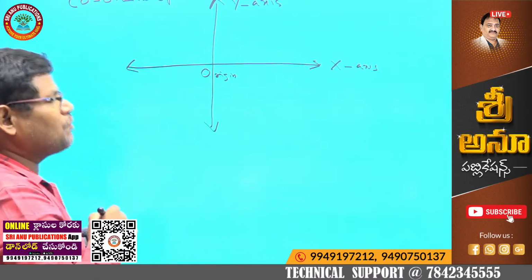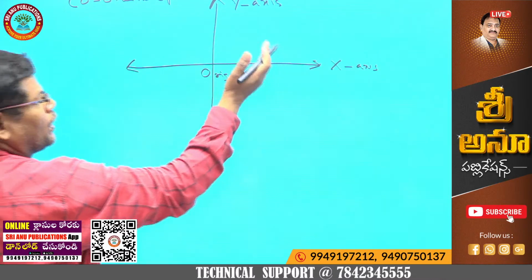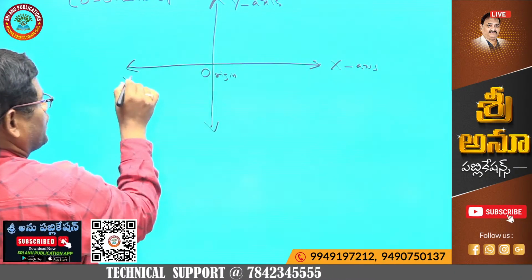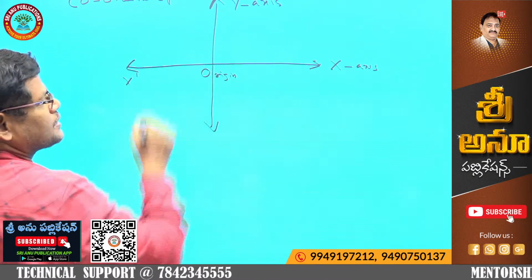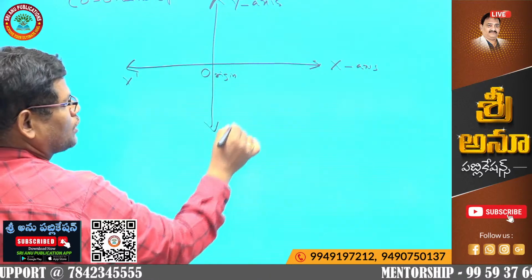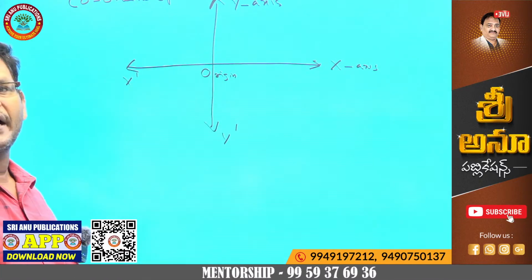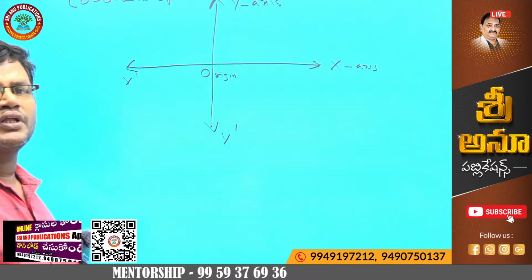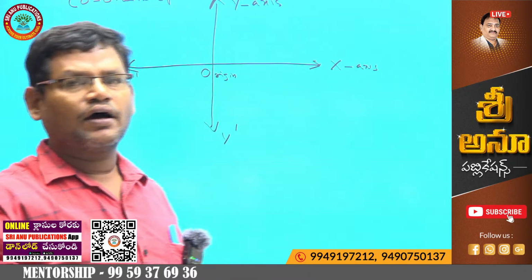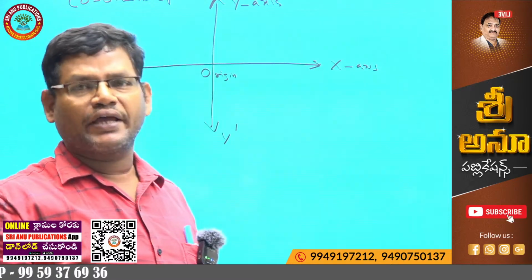So opposite to the x-axis is called the negative x-axis. And the y-axis opposite is called the negative y-axis. Now the total plane is divided into 4 parts by using the vertical axis and the horizontal axis, that is the x and y axis.